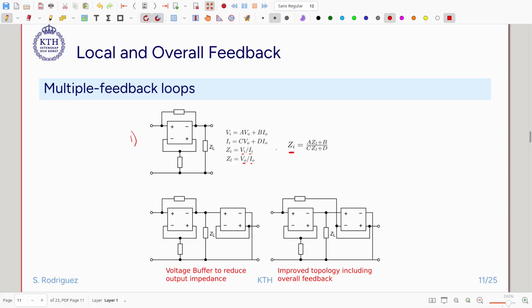When I replace these equations and divide one by the other, I get a very interesting expression, meaning that I can create the input impedance that I want. This can be useful in applications in which we have to terminate an impedance. Something that comes to my mind directly is radio applications, where you have transmission lines and connections to filters or antennas, so they need to be terminated at a very specific impedance. So we can generate this impedance by placing the right ABCD values.